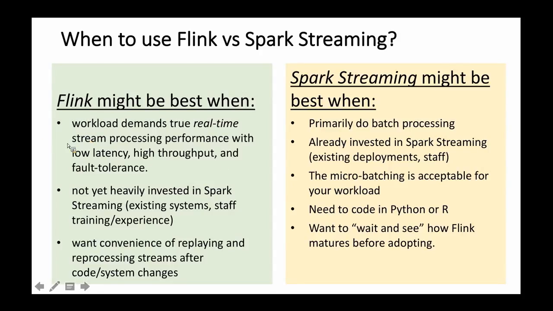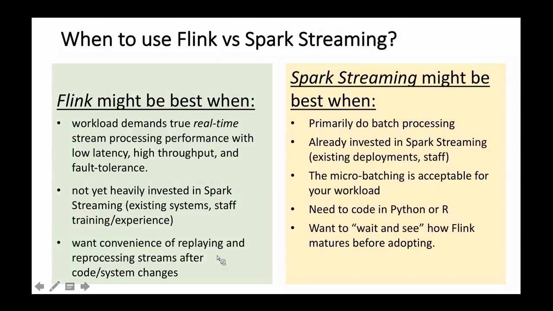If the workload demands truly real-time stream processing with low latency, high throughput, and fault tolerance, as we talked about, if you're not yet heavily invested in Spark streaming, a number of companies are. They have existing production systems with Spark streaming. Their staff has training and experience on Spark. But if you're not yet there, then that's a possibility.